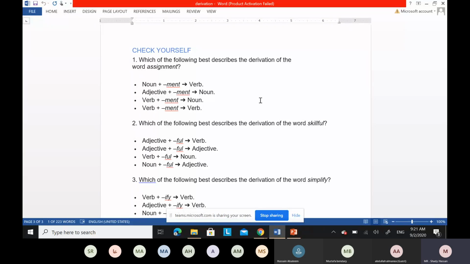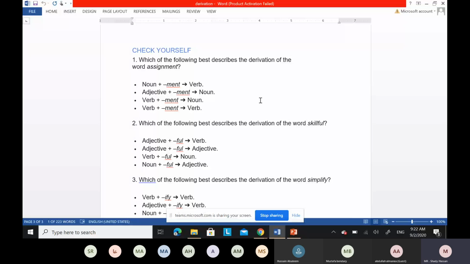Do you think assign as a part of speech is noun, adjective, or verb? Verb, yes, that's right. So, okay, the first step is I determine which part of speech assign is. Assign is a verb. So forget about the first and the second ones. It's not noun, it's not adjective. So it's going to be the third or fourth one. Okay, it's verb plus ment.